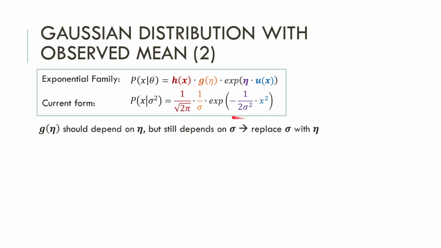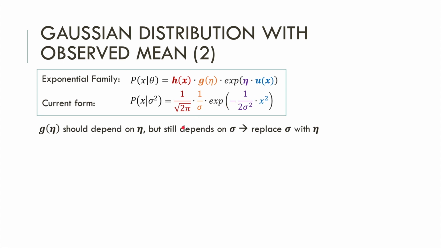So now you can see the current form of the Gaussian distribution and the form of the exponential family side by side. And you can see that h of x corresponds to this, g of eta corresponds to this, eta is this, and u of x corresponds to x squared.